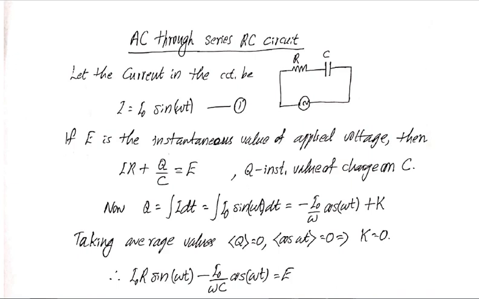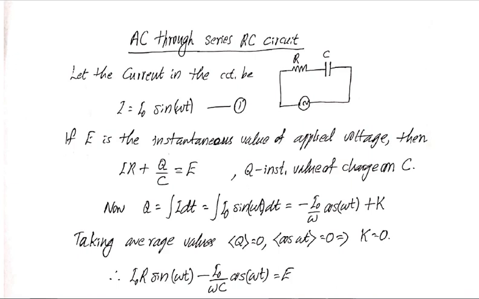We consider a circuit containing resistance and capacitance connected to an AC source. As the resistance and capacitance are in series, the current passing at any instant through these components is the same.